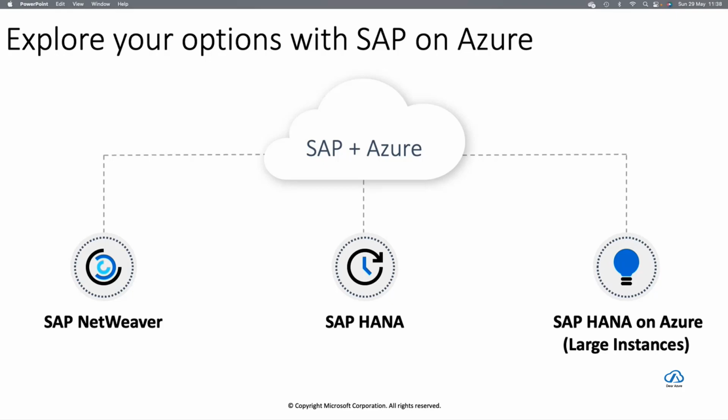We then have SAP HANA. In Azure, there are two services that can be used to run the HANA database. One is Azure VMs, and the other is SAP HANA on Azure Large Instance. For running SAP HANA on Azure Virtual Machines, SAP has stronger conditions on the infrastructure needed to run NetWeaver or other SAP applications and database management systems.